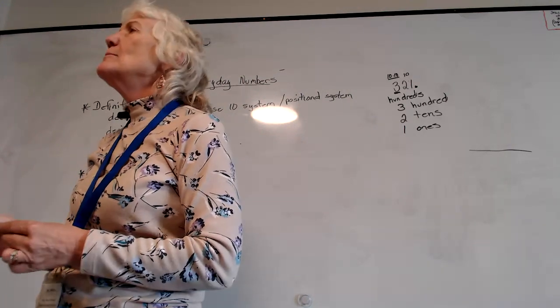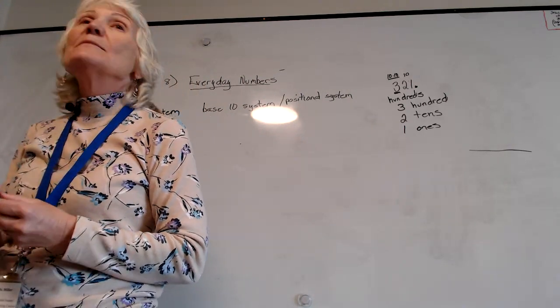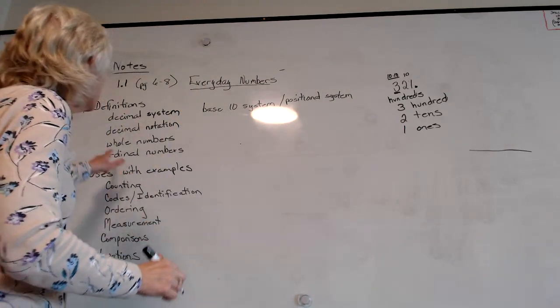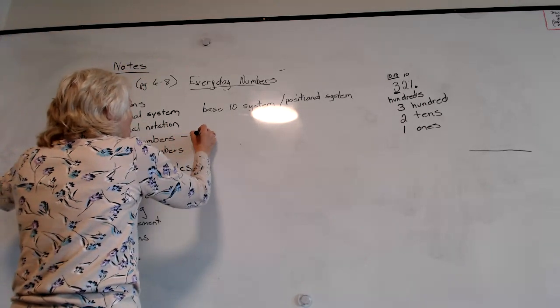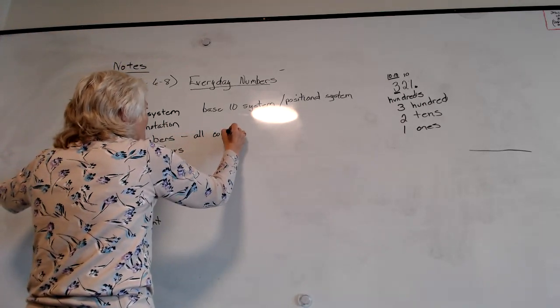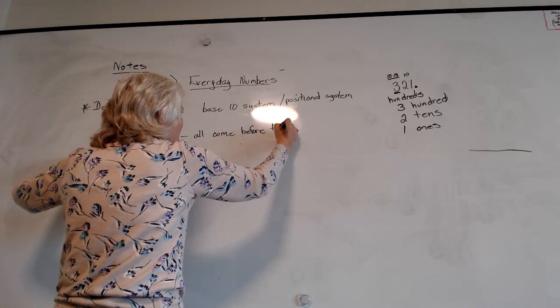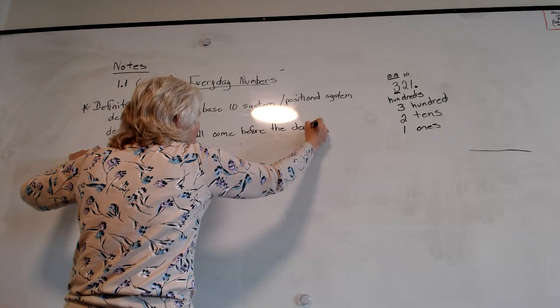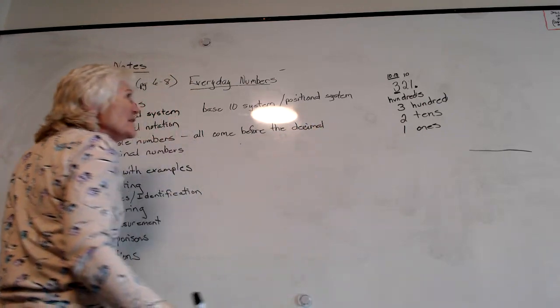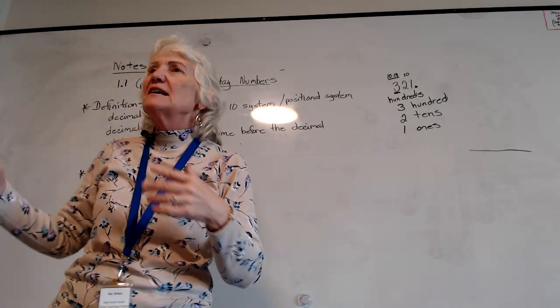Whole numbers all come in front of the decimal. So when we're looking at whole numbers, they all come before the decimal. So we don't have any places except for hundreds, tens, ones.